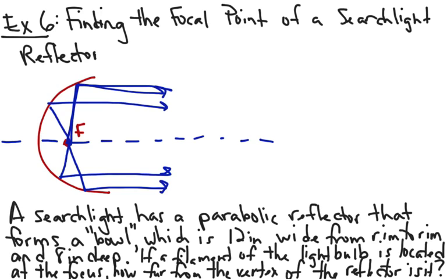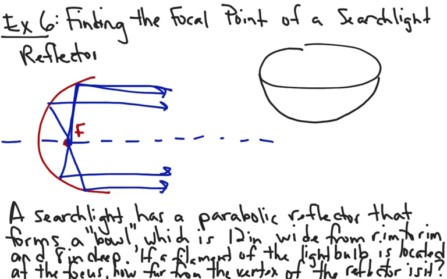So if a searchlight has a parabolic reflector that forms a bowl shape, so like this, and we know that it's 12 inches wide from rim to rim, so this is 12 inches, and 8 inches deep.